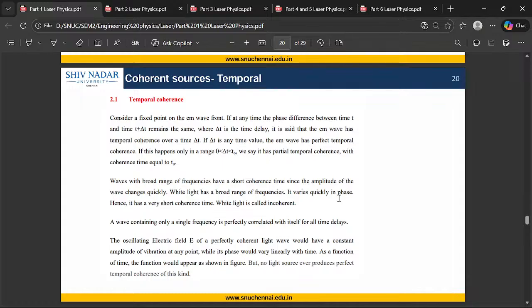Let's note that wavefront at the time t, and again at time t plus delta t. So if in that position that wavefront has the same phase at the two different times, that is t and t plus delta t, then we can say it is temporally coherent.